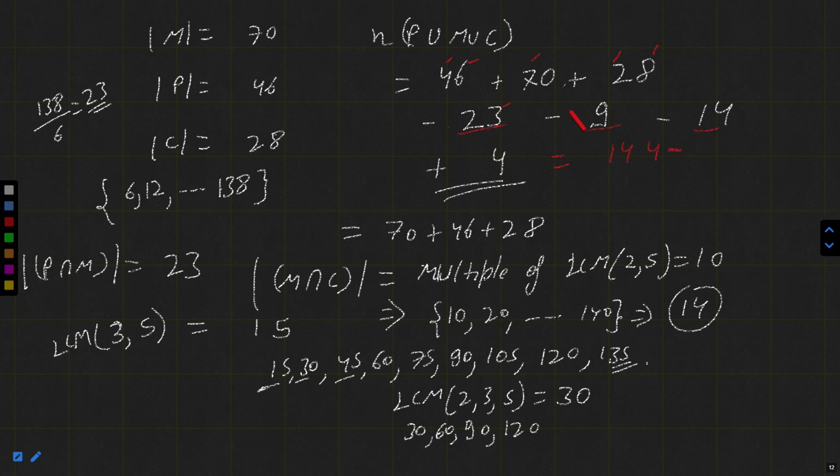Minus 23, 14 and 9, which is 46. Okay, easy. Plus 4 will result in 148. Now if I try to subtract, it will result in 102. Okay, so 102 is the number.